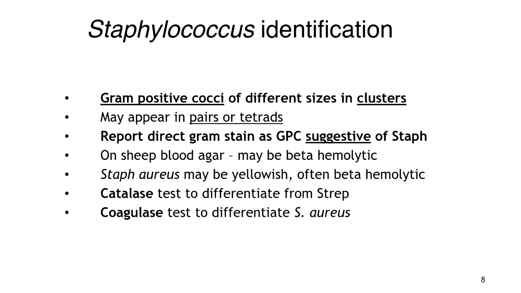So Staphylococcus identification, okay? It is a gram-positive cocci that tend to be in different sizes and clusters. It might appear in pairs or tetrads, so trios, tetrads. You would actually then report it on your gram stain as gram-positive cocci, suggestive of staph.